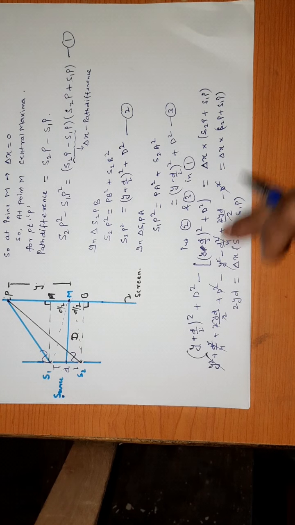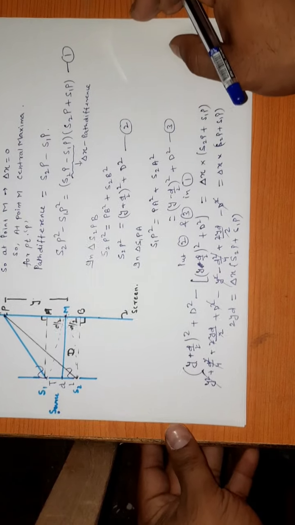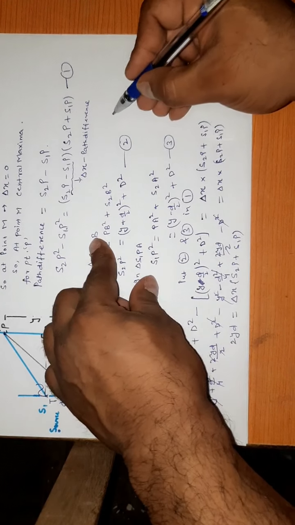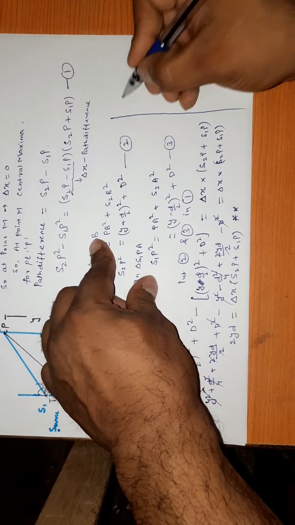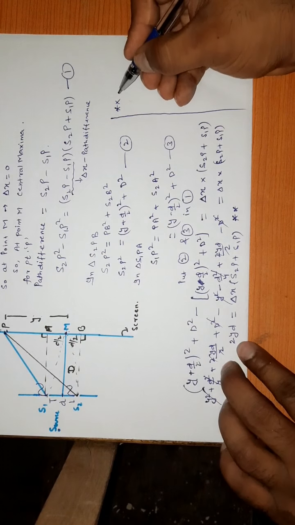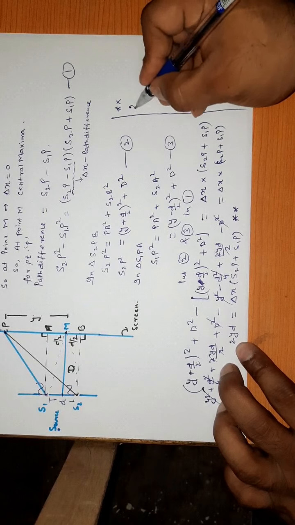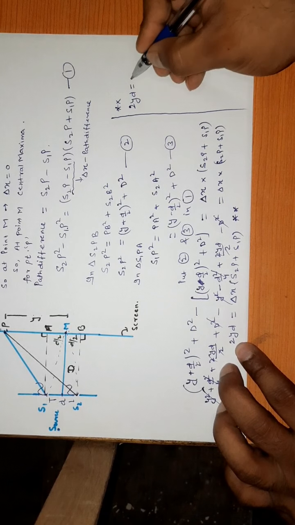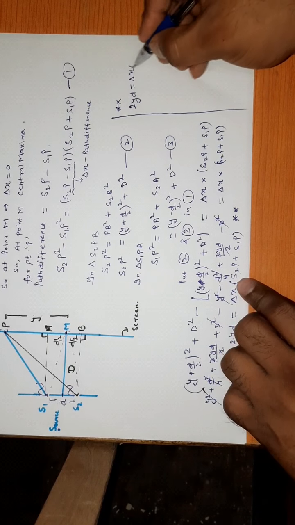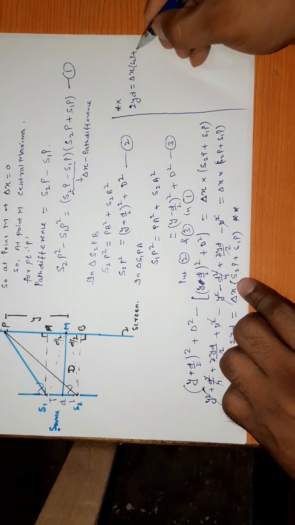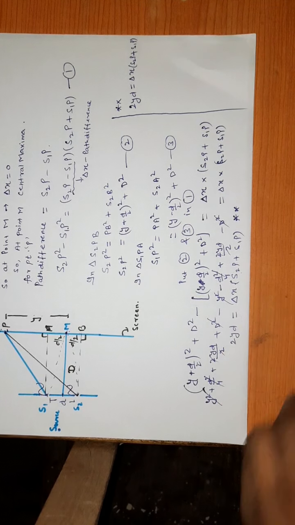So to solve this, in the same page we are continuing here. We have got 2yd is equal to delta x, and this is S2P plus S1P.